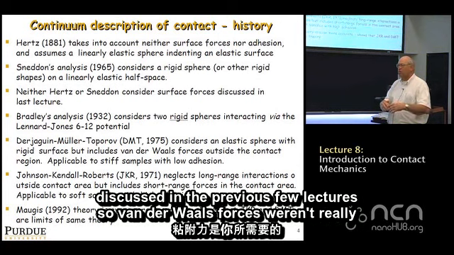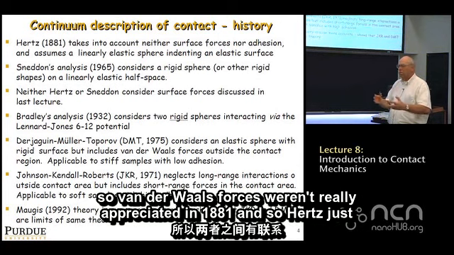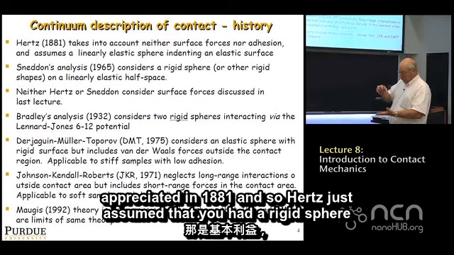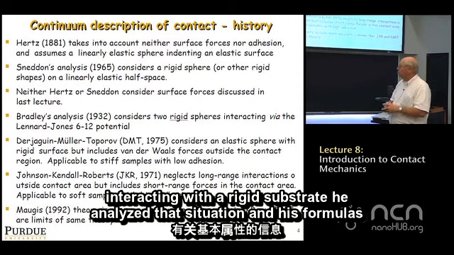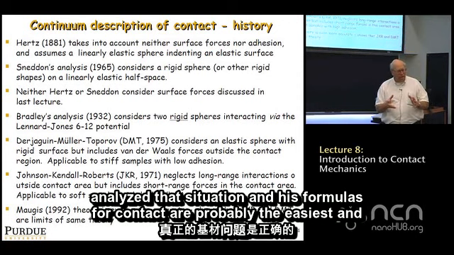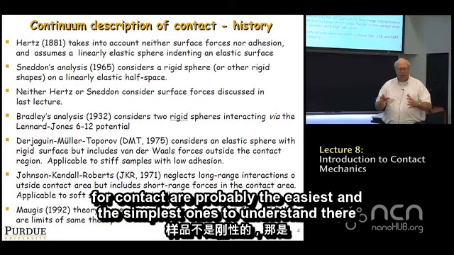So van der Waals forces weren't really appreciated in 1881, and so Hertz just assumed that you had a rigid sphere interacting with a rigid substrate, and he analyzed that situation, and his formulas for contact are probably the easiest and the simplest ones to understand.